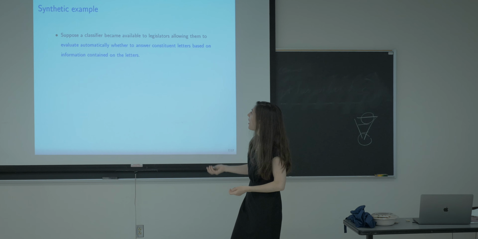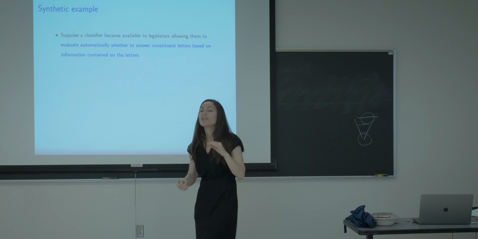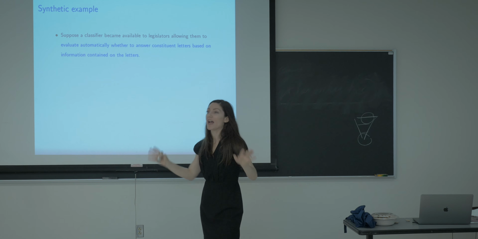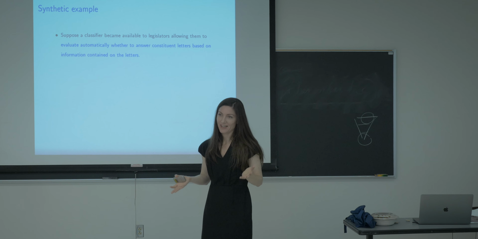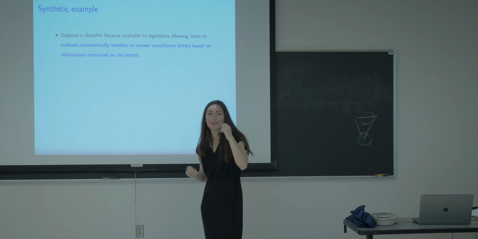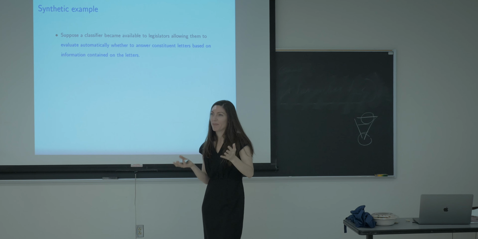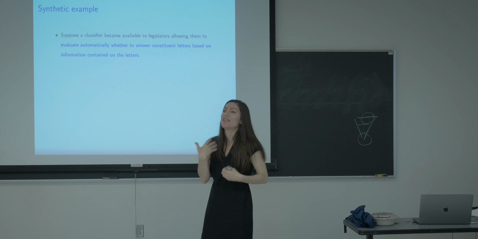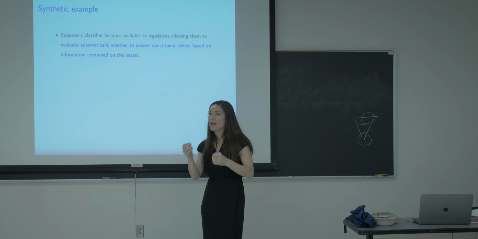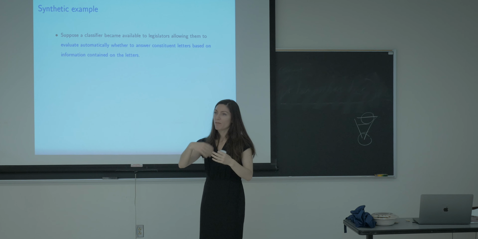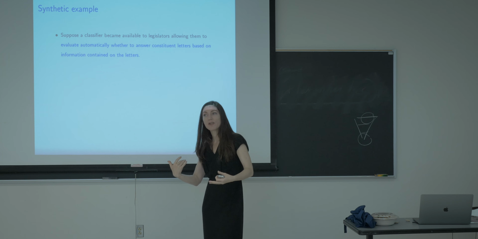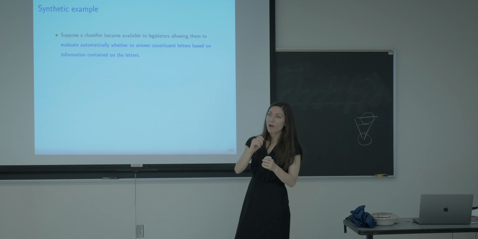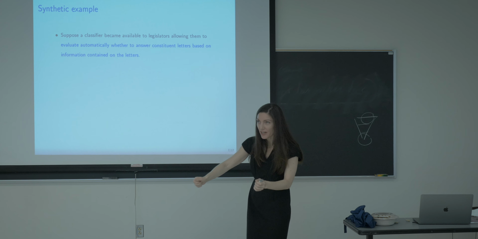Okay, so let me give you a synthetic example. This synthetic example is entirely hypothetical, and the setting is also very unrealistic and simplistic. The only reason I'm using such a simple and hypothetical example is because it makes it easier for me to explain what the problem is and what the different solutions are, why some solutions are good, why others are not so good, and what the consequences of some of these adjustments are.